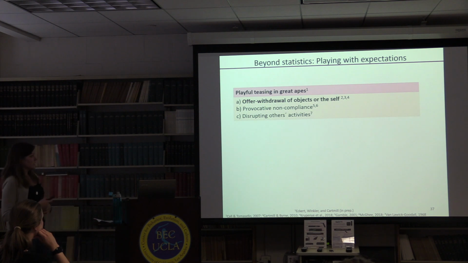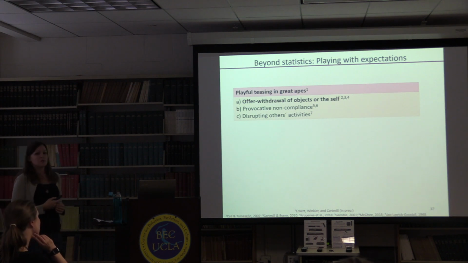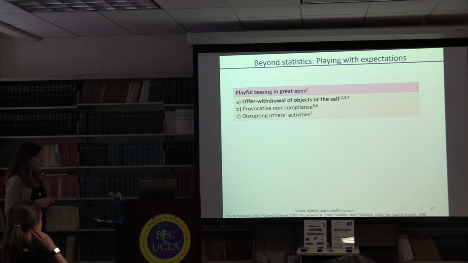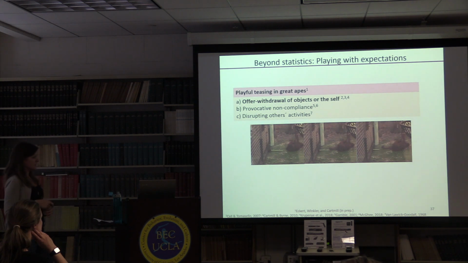And intriguingly, the type of teasing we currently have the most convincing evidence for is the offer-withdrawal of objects or the self. And here you can see a picture sequence of how that can look in great apes. So there's a male orangutan here on the left side of the mesh, and he brings a stick into reach of this female on the right side.